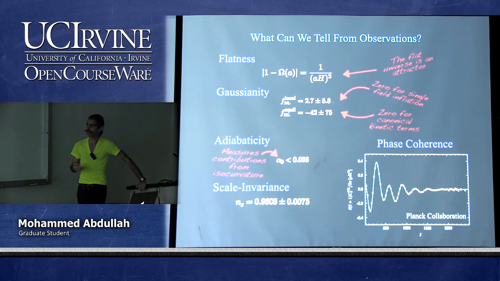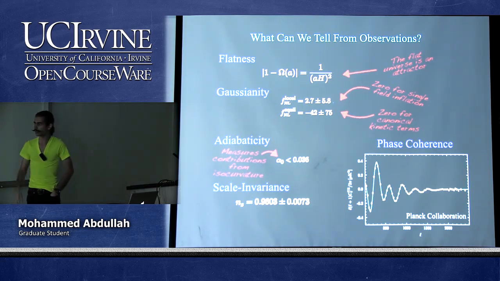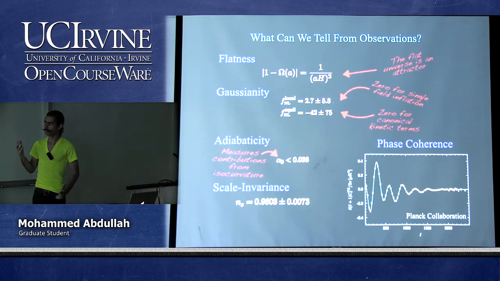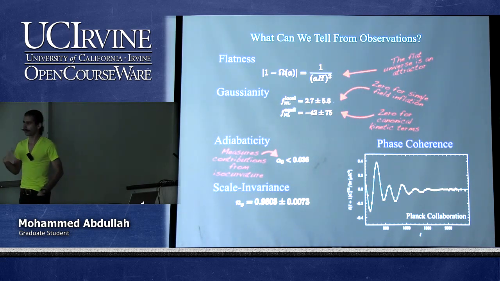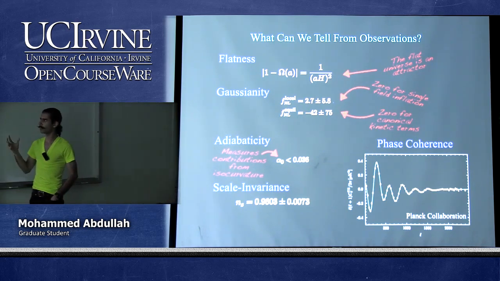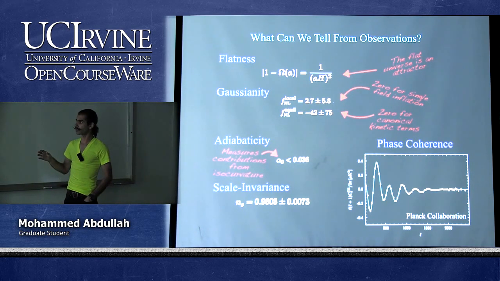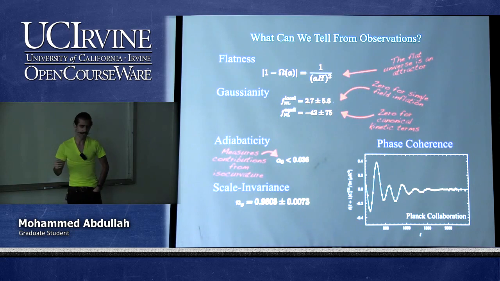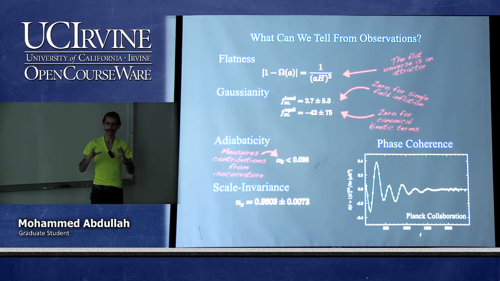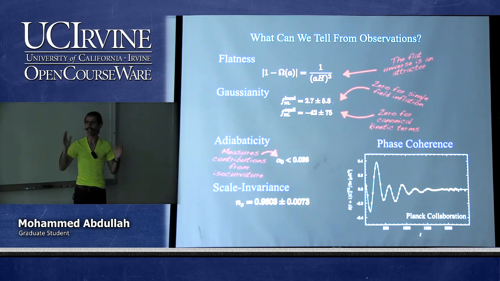You can ask about scale invariance. What inflation normally predicts is that the perturbation is the same for all modes, and so far the value is very close to 1. You can ask about phase coherence. In inflation, different modes all over the sky are going to leave the horizon at the very same time with the same phase, which means later they will interfere constructively.